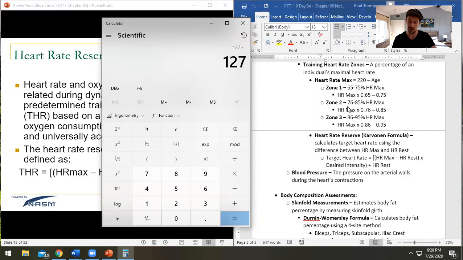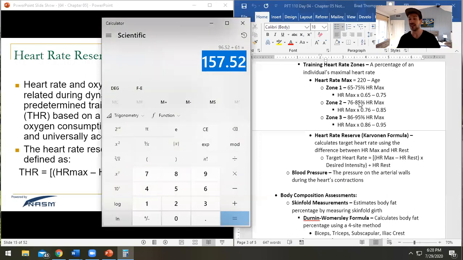So I'm going to go times 0.76, because I moved the decimal twice. That's going to give me 96.5, but that's a very low heart rate. So what the heck? At the end, I have to add my resting heart rate back on, so I go plus 61.